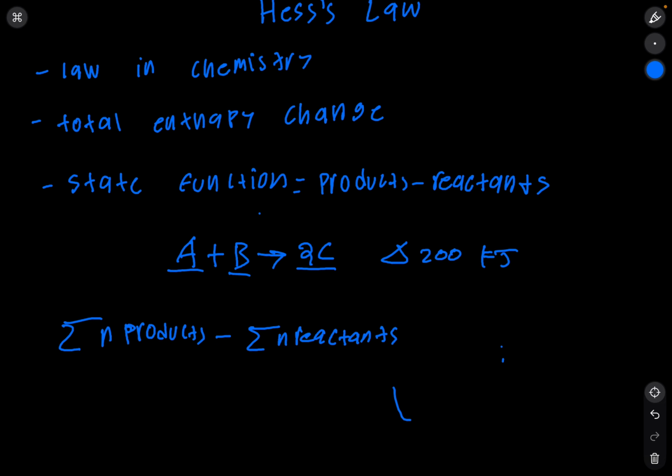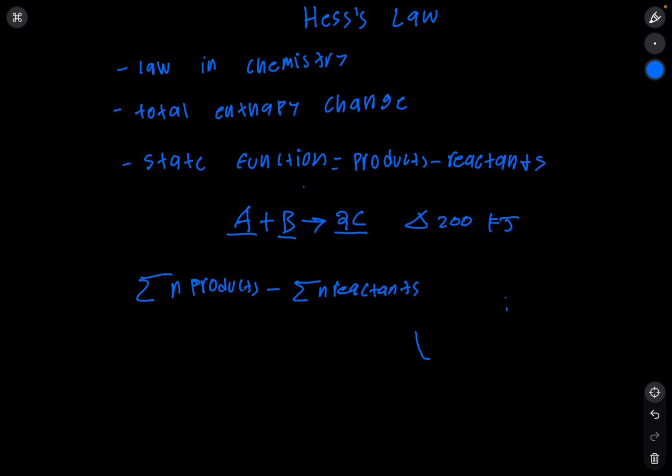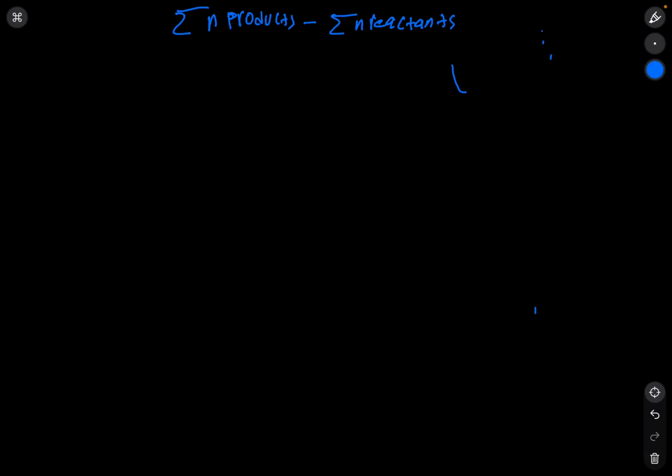The reason why we go from products to reactants is because the products have the end energy, and the reactants are reacting with energy in order to make the products. And so, how exactly does this law work? We're going to go to an example.